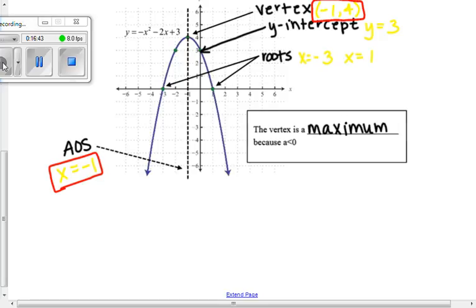You should be saying, hey, they match. That's always going to happen. Once you find the x value of your vertex, it is going to match your axis of symmetry, because your axis of symmetry goes through your vertex, so it's in the same spot. And because we're only looking at the x value, that's why it's matching the x and not the y. So if you ever come up with a problem where those two things don't match, you need to go back and check it out again and see what's going on.